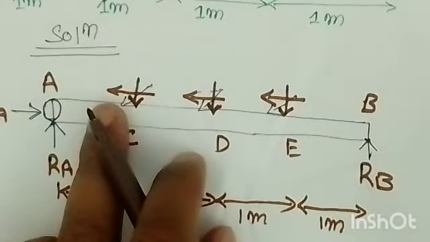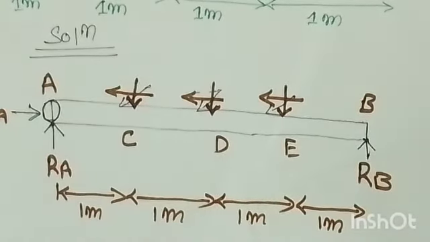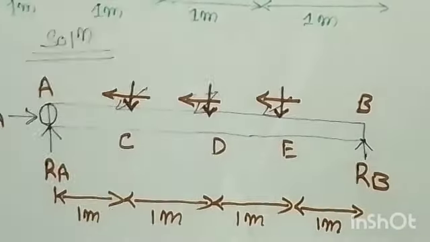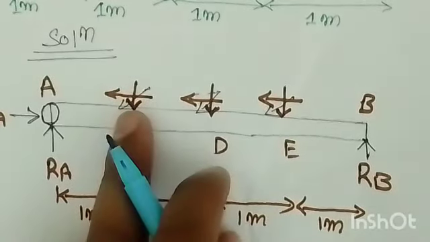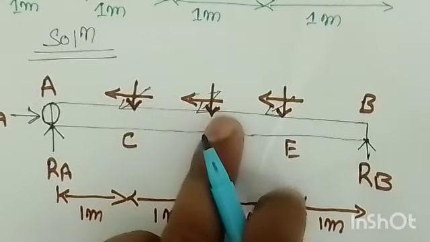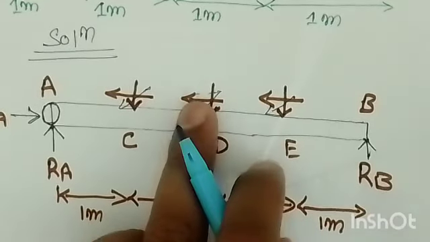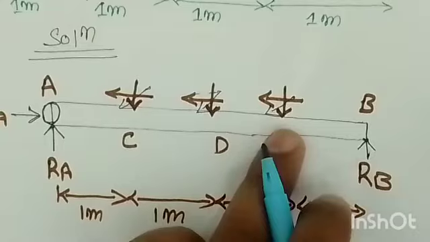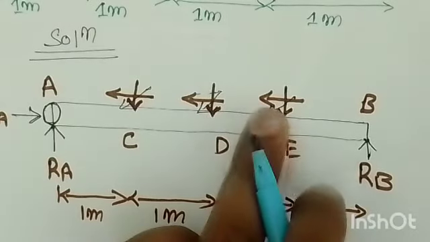The horizontal component is simply 100 cos 45, and its vertical component is 100 sin 45. Similarly 200 cos 45, 200 sin 45, and then 300 cos 30 and 300 sin 30.